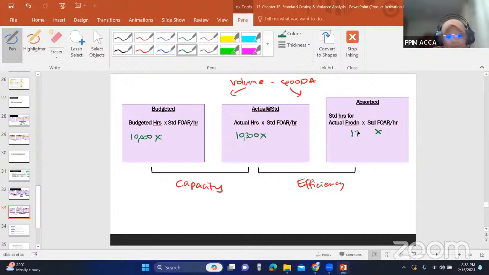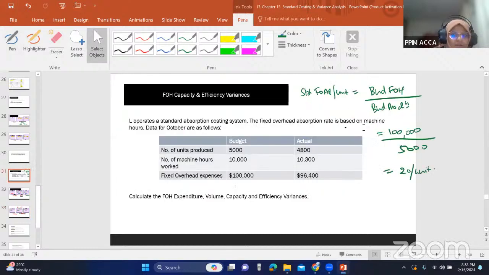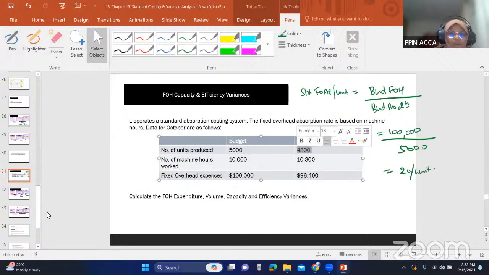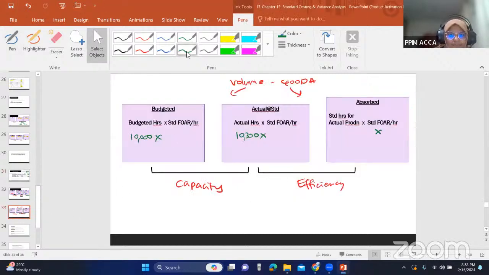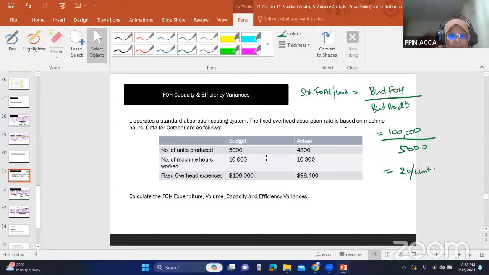Actual production we know was, sorry, this is another question. It was 4,800. Actual production was 4,800. And what was the standard hours that we allowed? Let's look. The standard hours that we are allowing is, look here, for 5,000 units, we are allowing 10,000 hours.